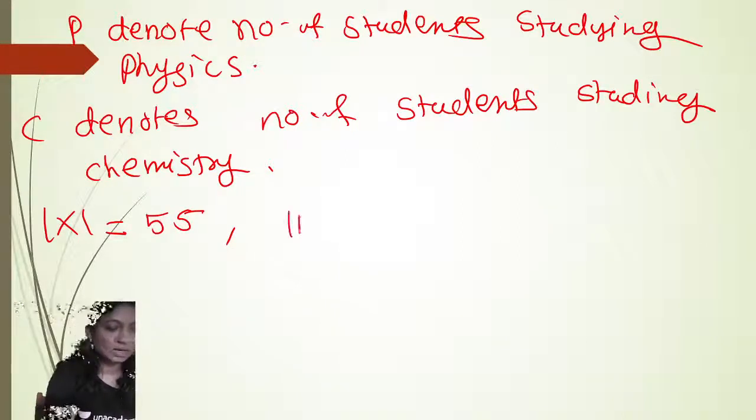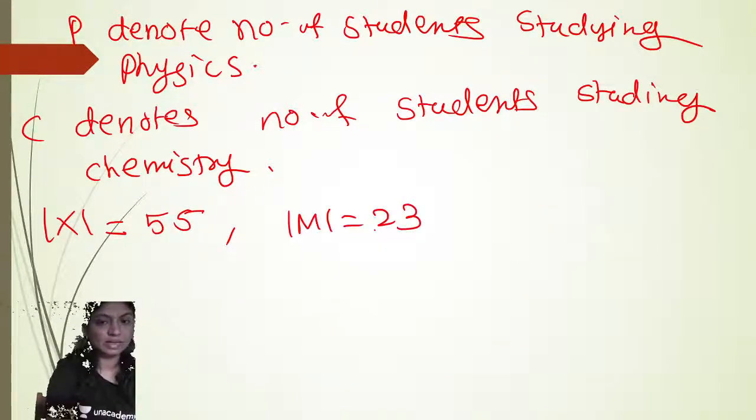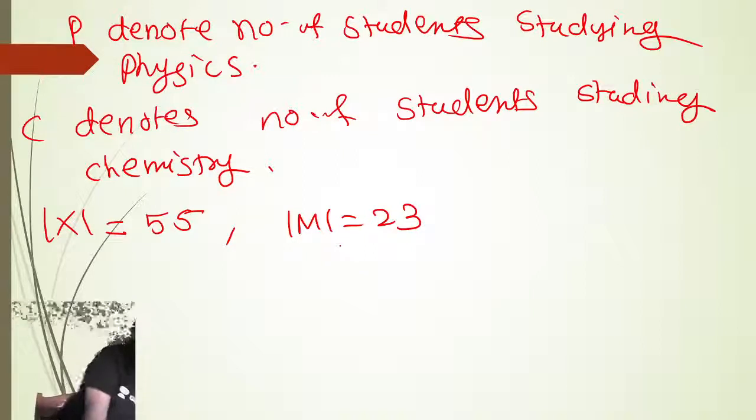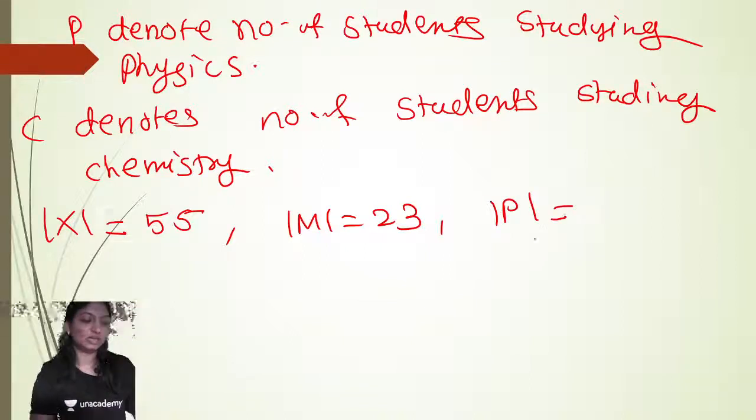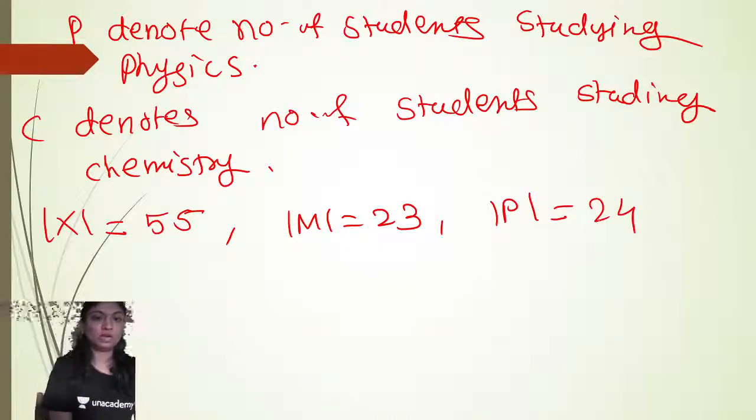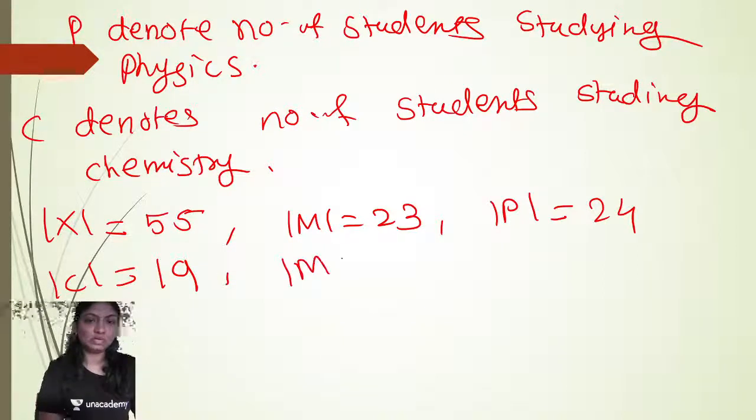Cardinality of M, number of students studying mathematics, is 23. Cardinality of P, number of students studying physics, 24. Cardinality of C, number of students studying chemistry, 19. Number of students studying maths and physics 12.